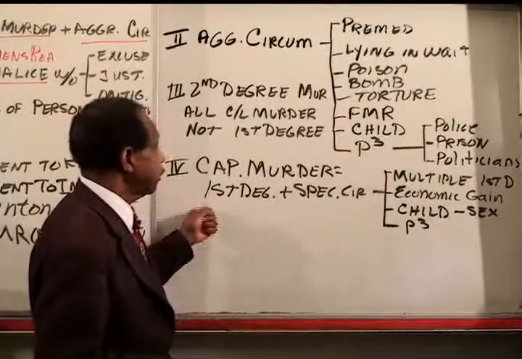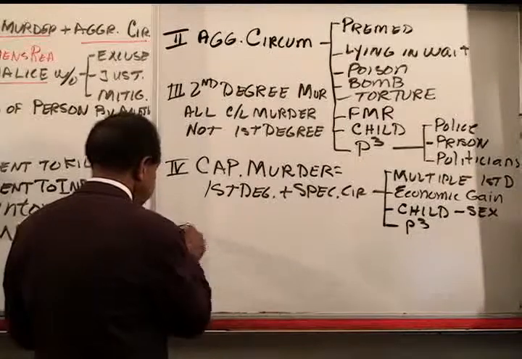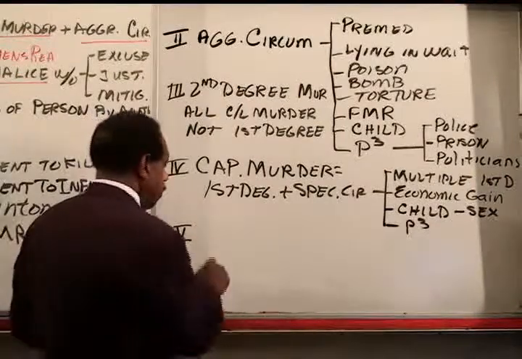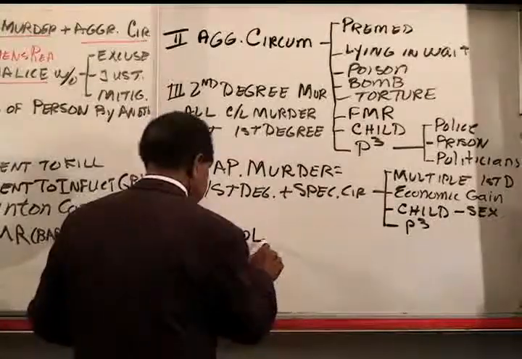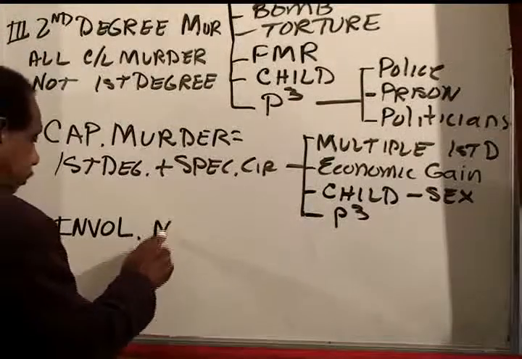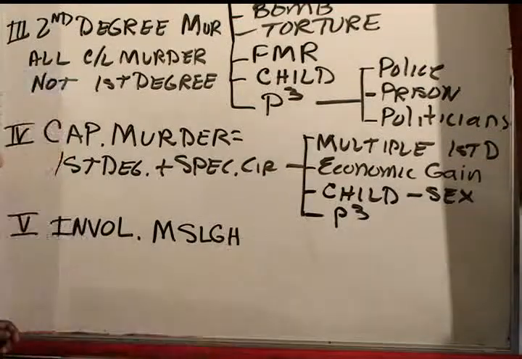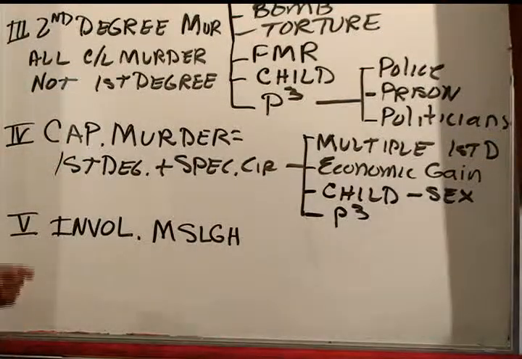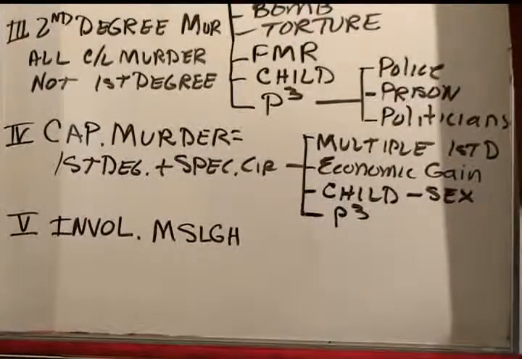So that brings us to our final category, which is involuntary manslaughter. So how do you get to involuntary manslaughter?